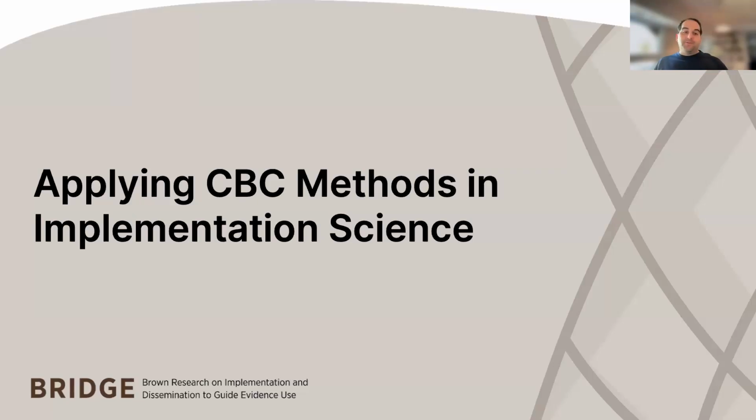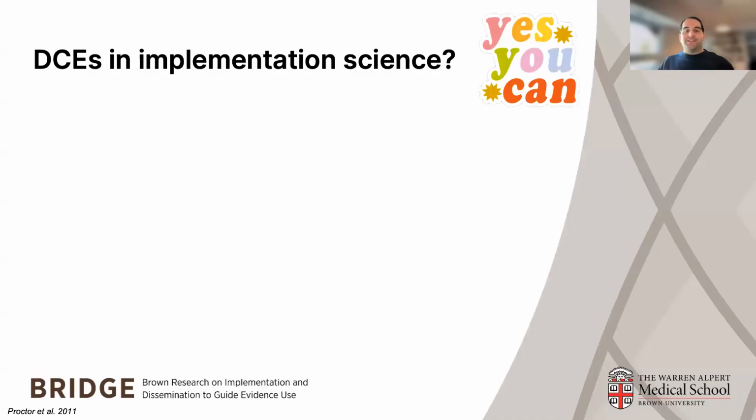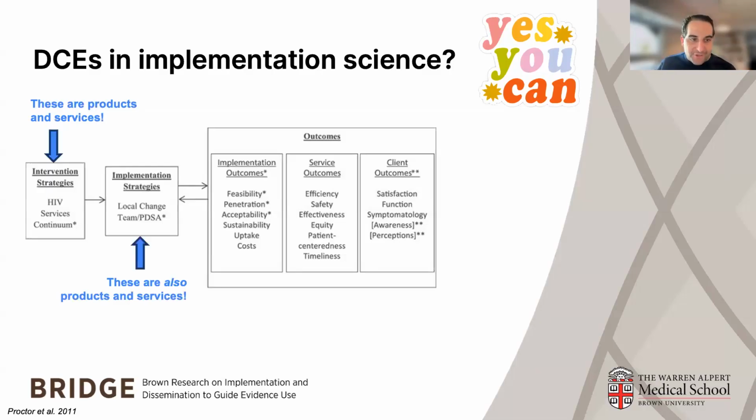So I'm going to now switch gears a little bit and talk a little more specifically about why we may want to consider using some of these methods in the field of implementation science. I always say it is possible to use these in implementation science. Let's refer to this implementation science outcomes taxonomy that was developed by Enola Proctor and colleagues. In the field of implementation science, we are particularly interested in implementation strategies.